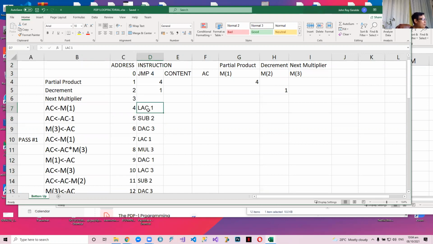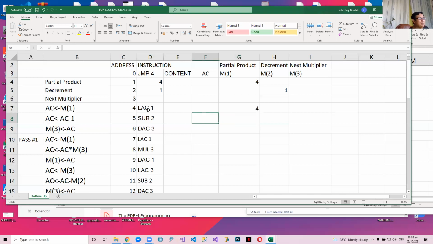Okay, so AC receives M of 1. We have load M of 1, right? If this were the IAS, we may say load M of 1, but this is the PDP-1, we say lac 1. So load M of 1, this becomes 4. Do you follow? Sub, in the IAS, we say sub M of 2, right?